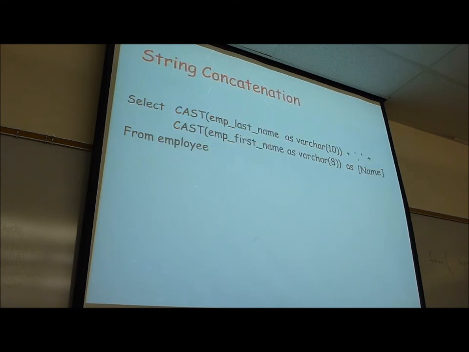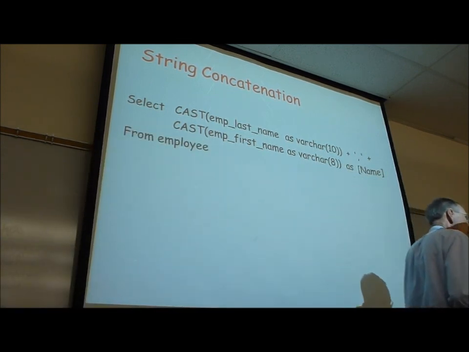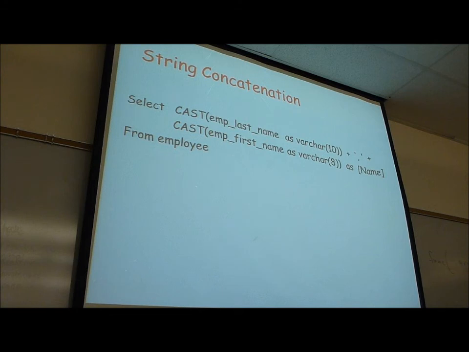And this is string concatenation. This is a way of looking at that employee database. Suppose I'd like to have one column with your first name and then your last name, in just one column.